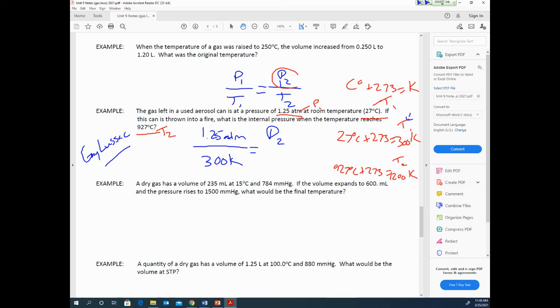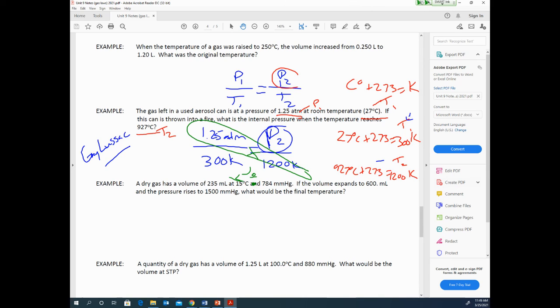This is my missing variable, and it's over T2, which we solved for over here, which is 1200 K. All right, to solve for P2, we're going to do the same thing that we did yesterday, where we do cross multiplication. So things that are crossed from each other, like these, I'm going to multiply, and then I'm going to divide by the number that's left over.